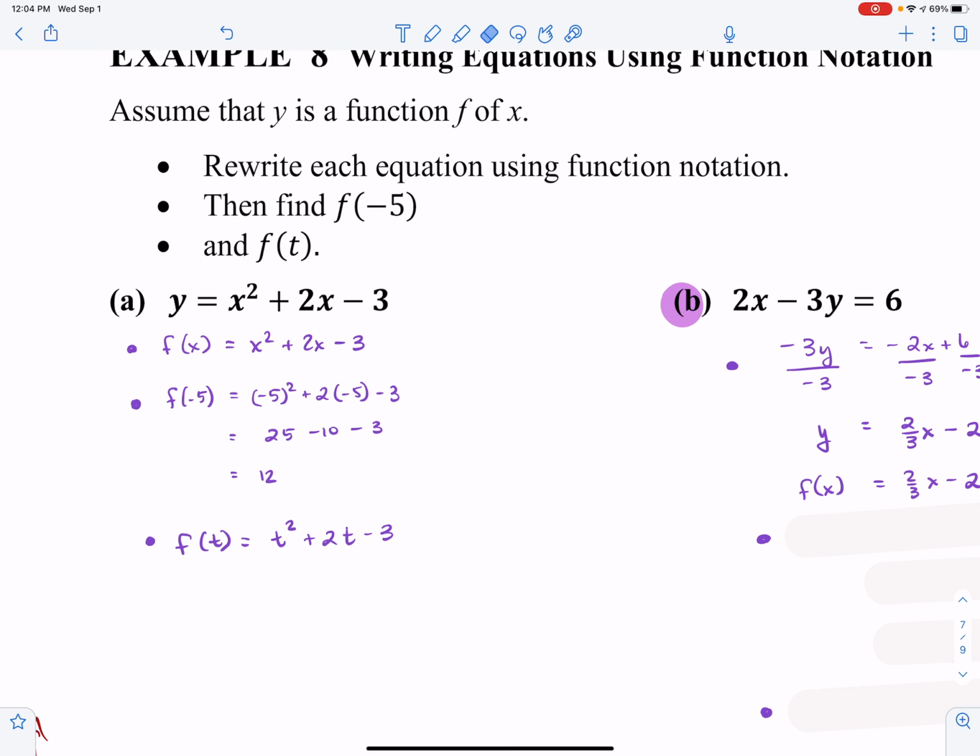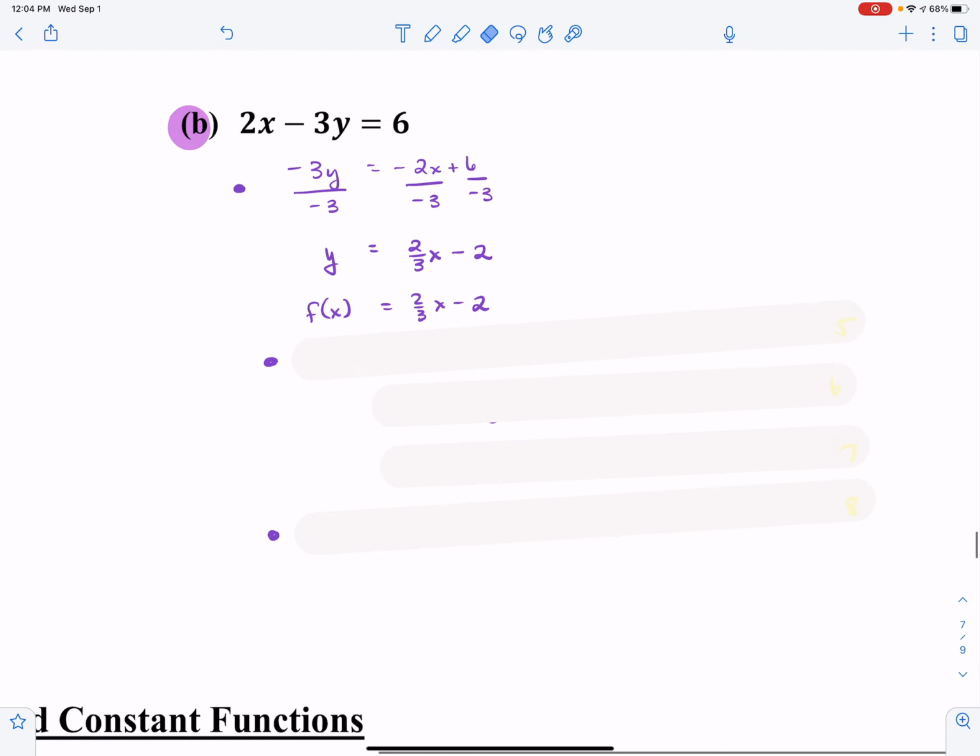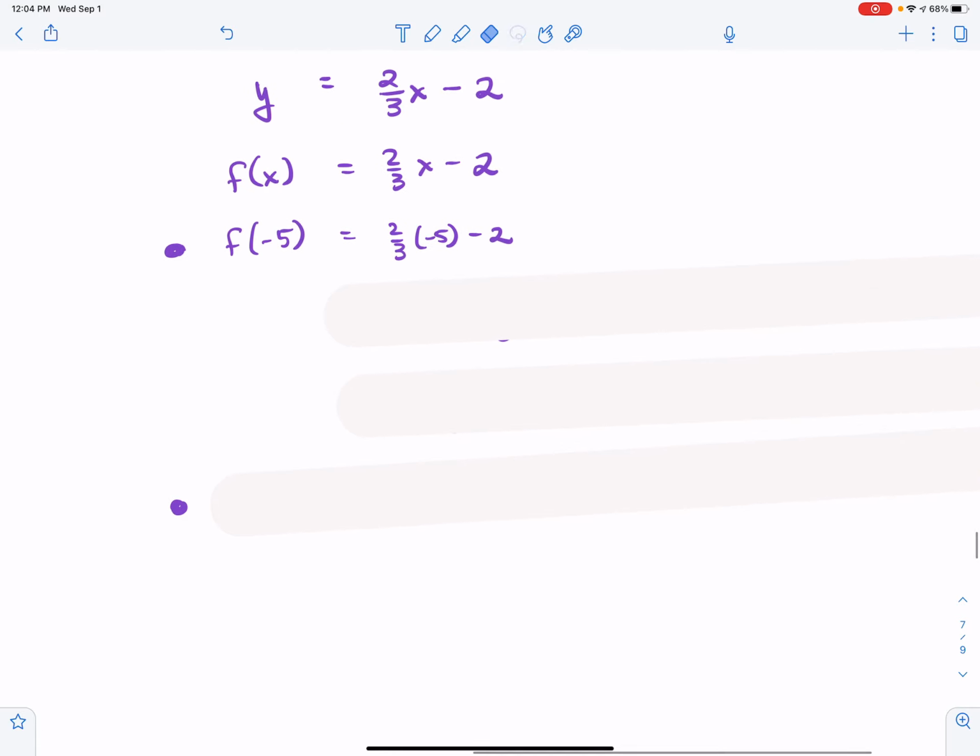The second part of my instructions says that we should find f of -5. So f of -5, I'm going to replace every single x that I see with a -5. All right, so when we follow the order of operations and multiply first, this is going to be a -10/3.